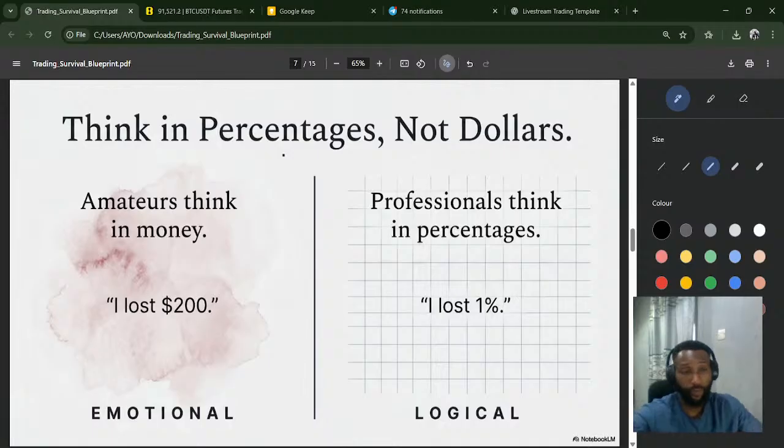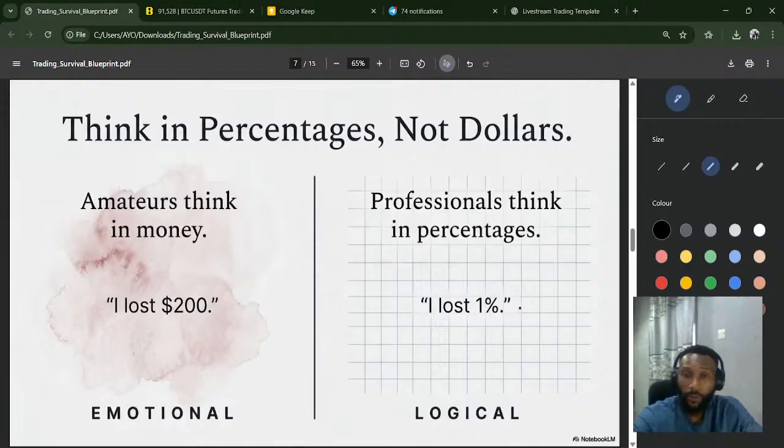Think in percentages, not dollars. Amateurs think in money. Oh, I lost $200. That's very emotional. Professionals think in percentages. I lost 1% of my portfolio.